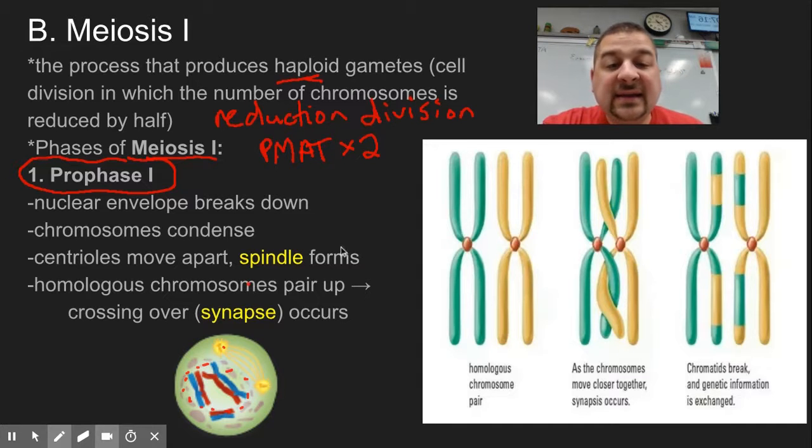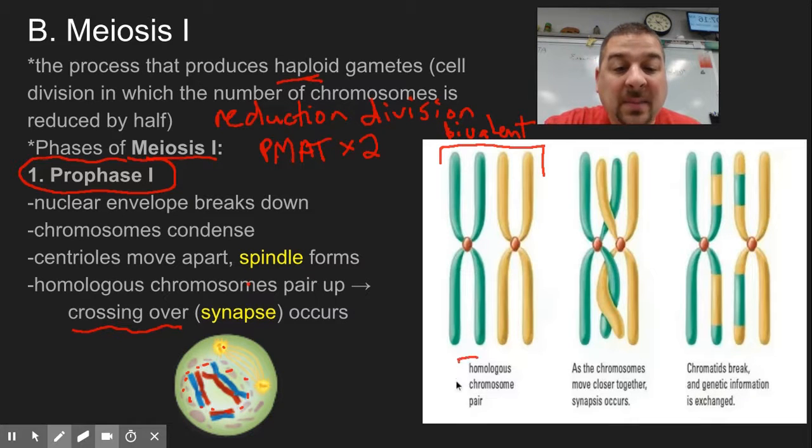But an interesting thing happens that we call crossing over. The homologous chromosome, so this pair right here would be a bivalent, or homologous chromosome pair. So in other words, when you go to have offspring or make gametes, you take a chromosome that you might have had from mom and one that you may have had from dad.